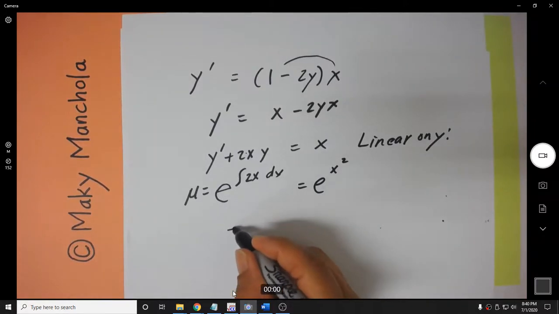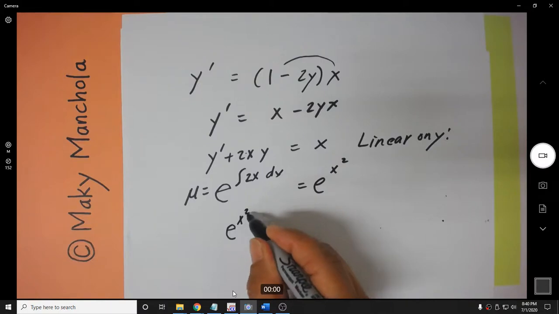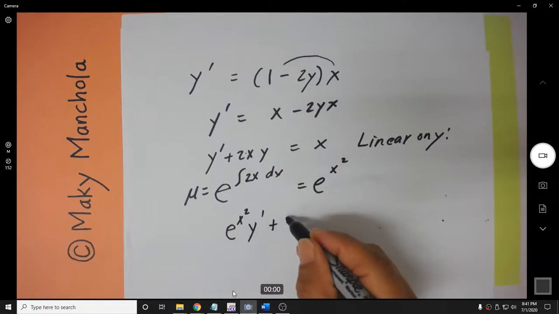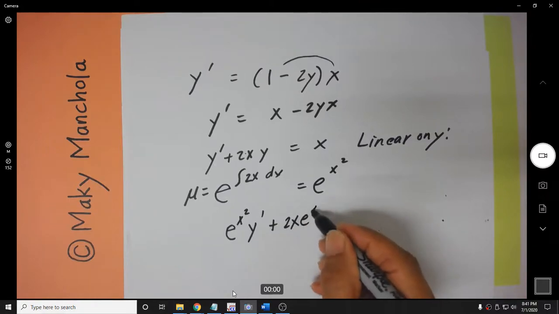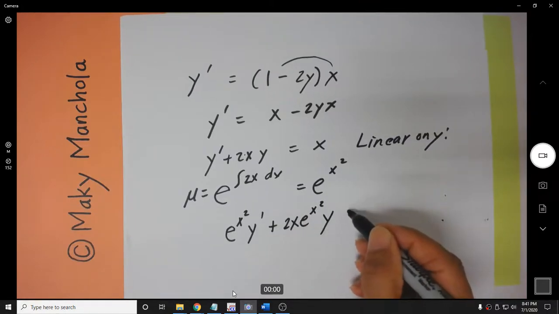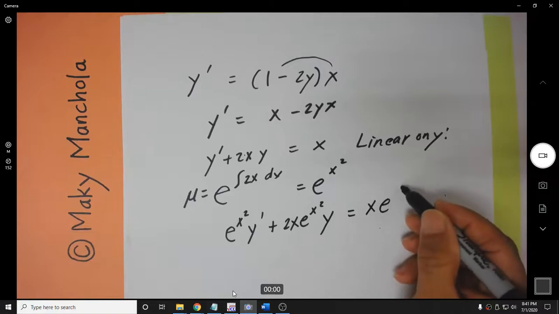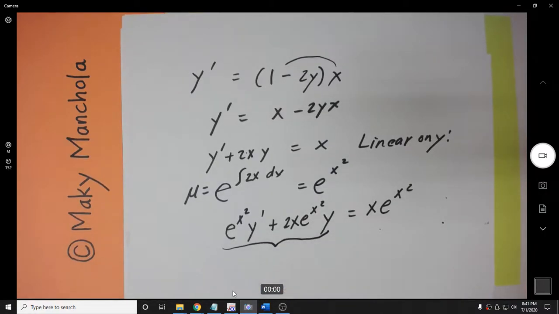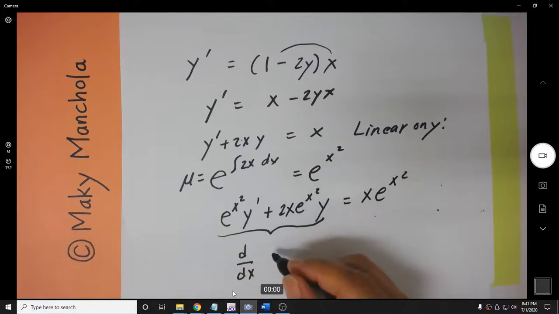So you get e to the x squared y prime plus 2x e to the x squared y equals x e to the x squared. Of course, we know what this is. This is the derivative with respect to x of the product mu y.